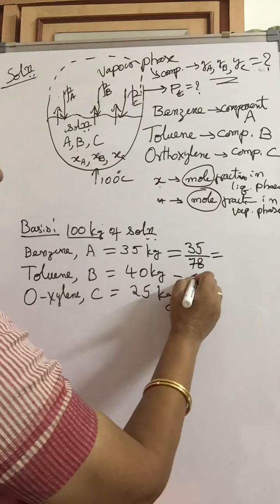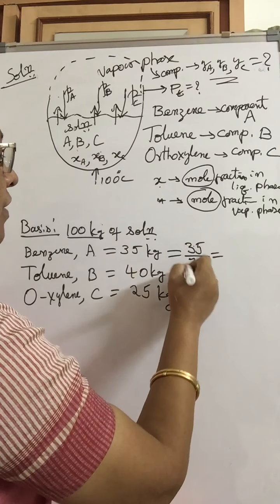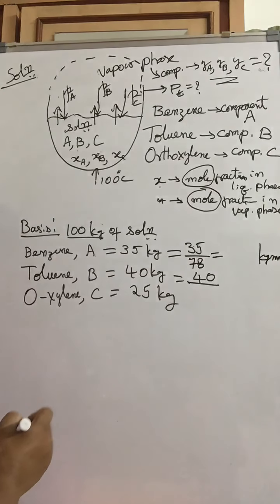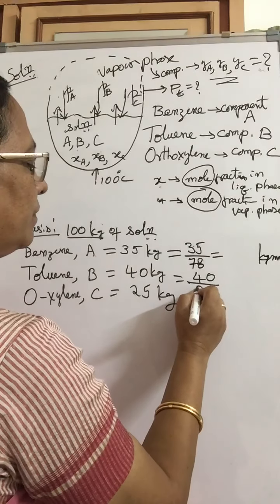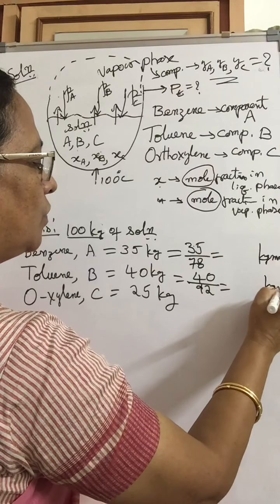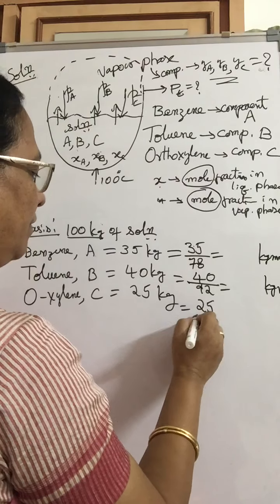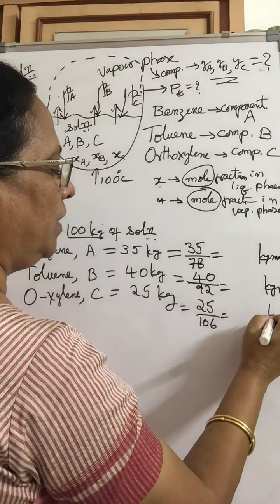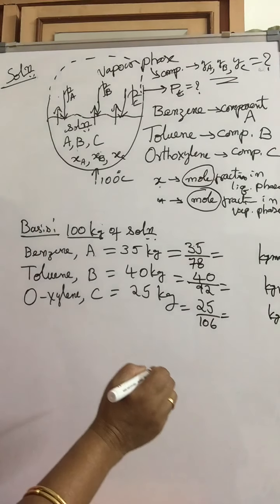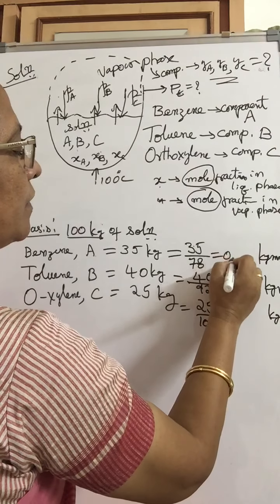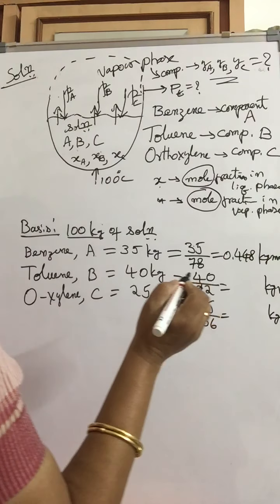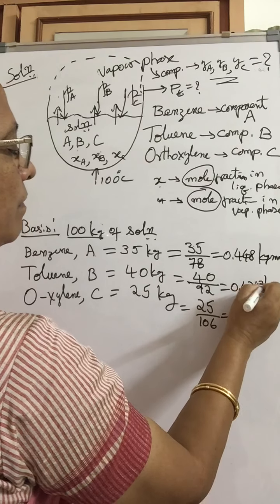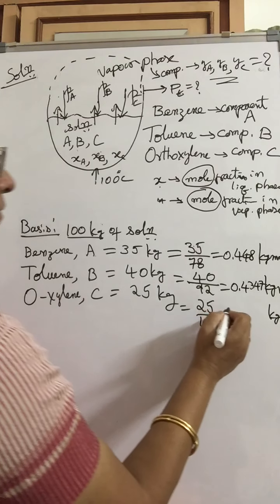Like that, 40 divided by 92 gives kg moles, and 25 divided by 106 gives kg moles. The values are 0.448, 0.4347 and 0.235.